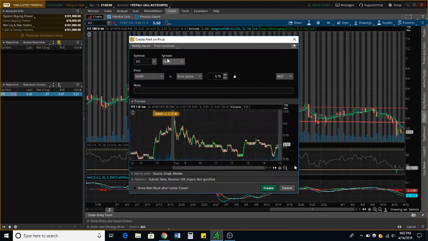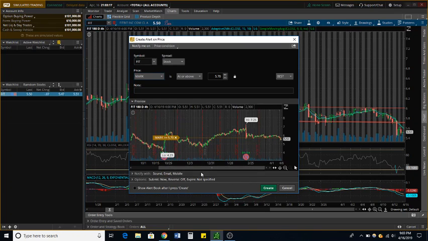Create alert. Okay, price mark. I'm not really sure what that is. You guys can tell me what the price mark, last bid, all that stuff means. But yeah, if it's at or above 5.7, we'll know that it's going above its old support, signifying an upward trend, and hopefully that's when it'll break above the EMA as well.